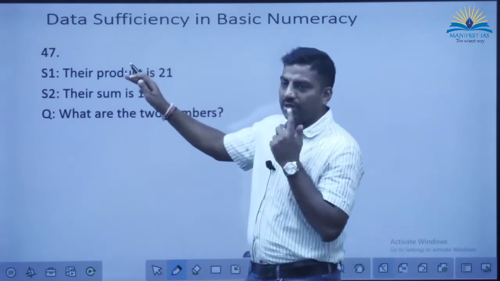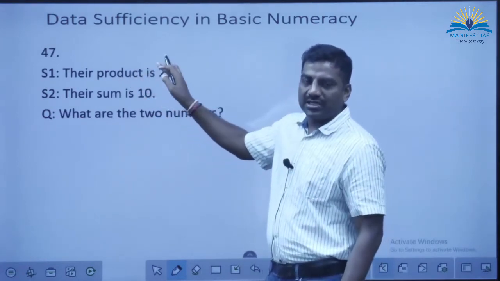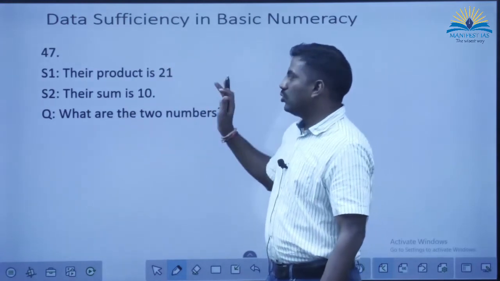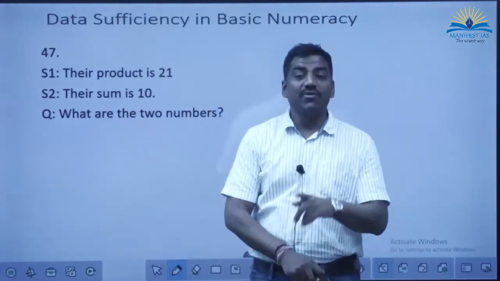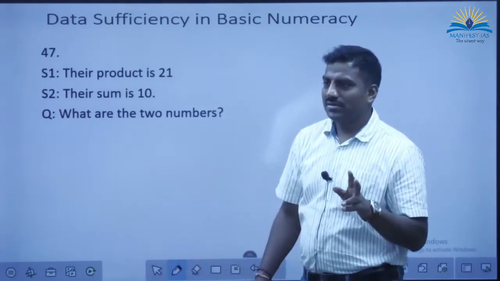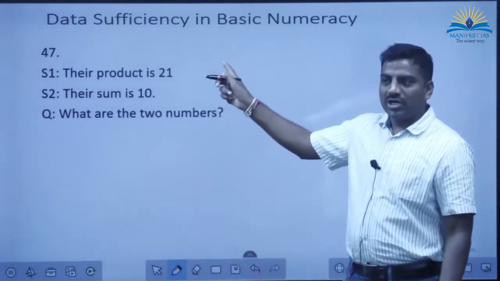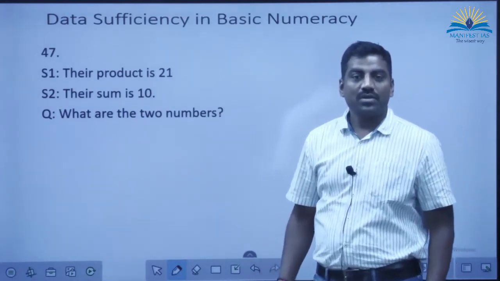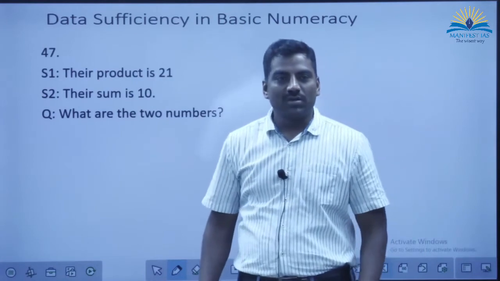Their product is 21. Don't read the second statement. Their product is 21. Two numbers. What are the two numbers? Can you answer? Don't give me the answer. What are they? I would say it is wrong.